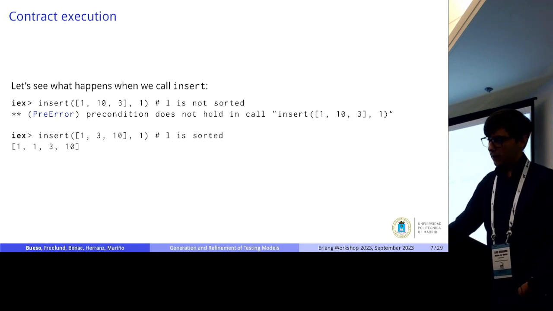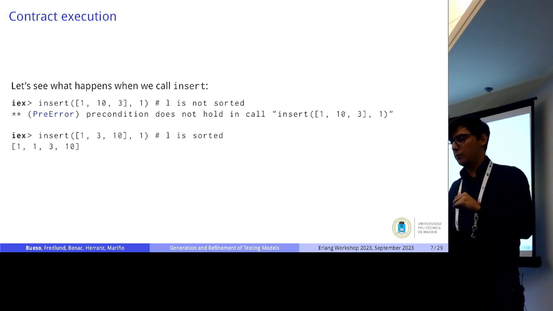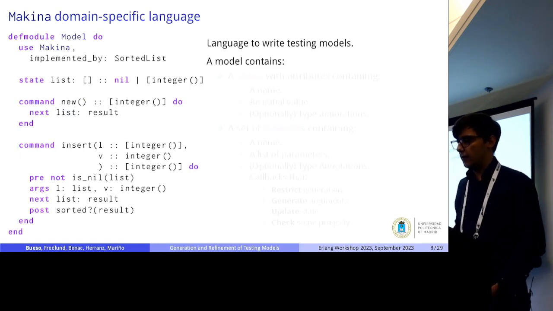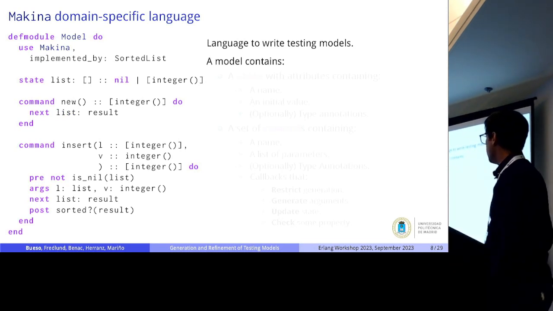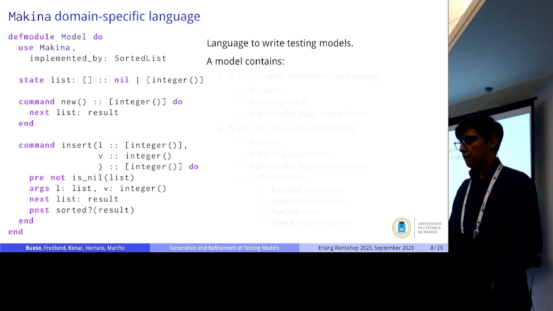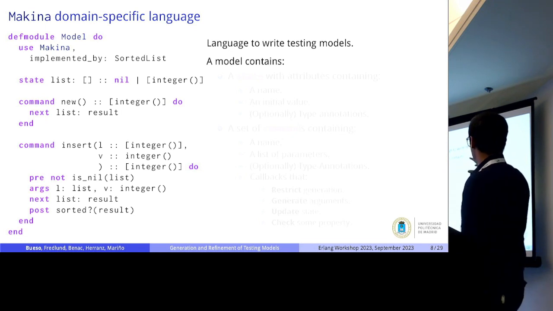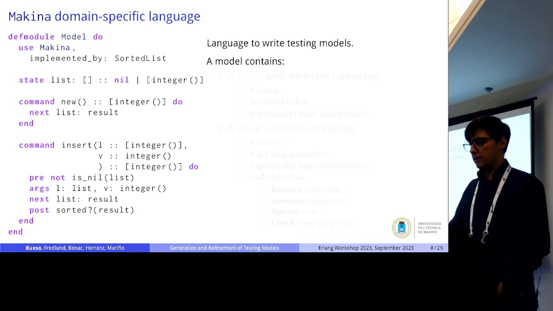So now I will introduce you to Makina, which is the model language that we are going to use during this presentation. Makina is a domain-specific language embedded in Elixir, which can be used to write these testing models.